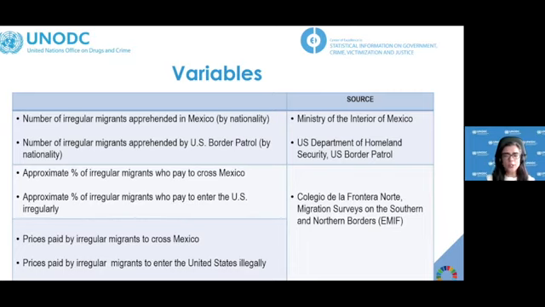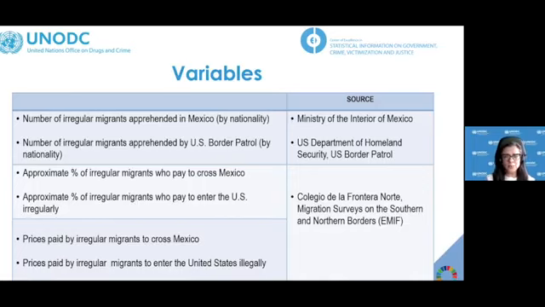We also identified the approximate percentage of irregular migrants who pay to cross Mexico and the same percentage of those migrants who pay to enter the US irregularly. And finally, the other variables that were part of this model were the prices paid by both irregular migrants, either crossing Mexico or crossing the border to the US.